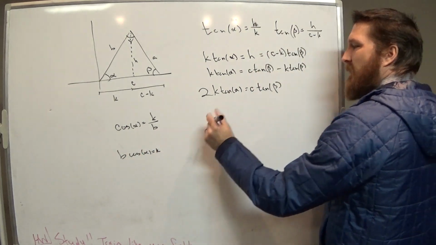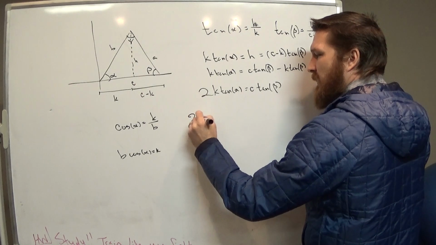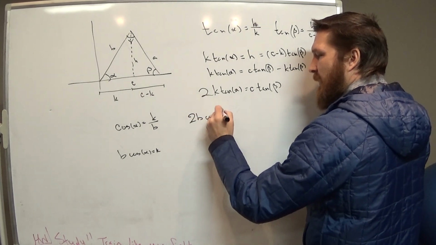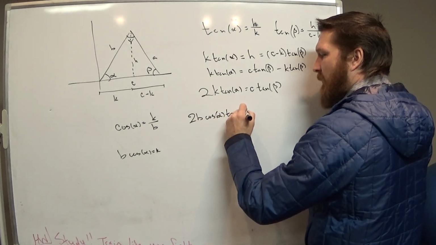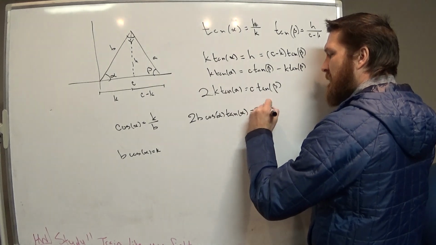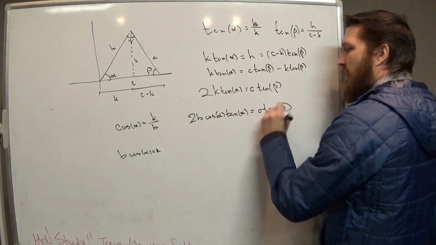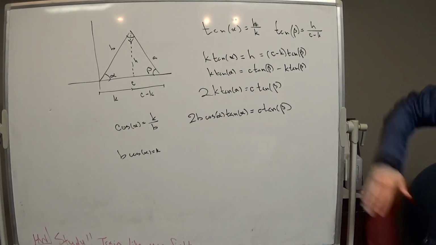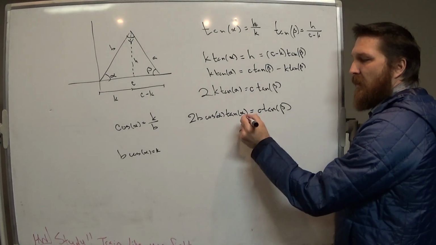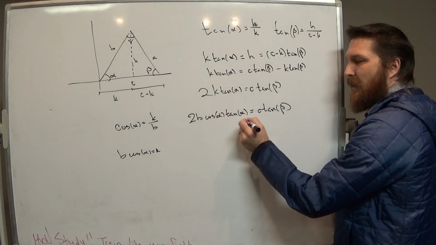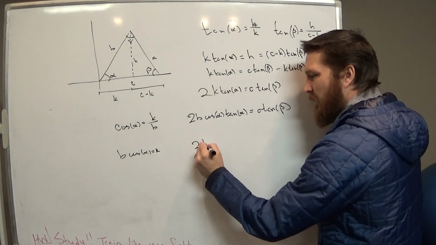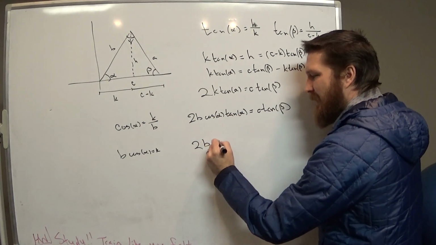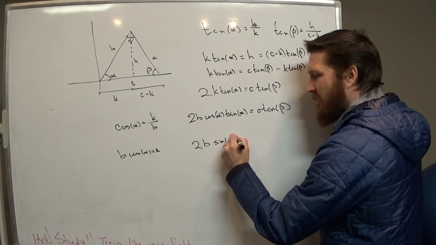So I'm going to substitute that in for k, and I get 2b cosine alpha tan alpha is equal to c tan beta. But tan is sine over cosine, right? So the cosine in the top cancels with the cosine in the bottom, and we get 2b sine alpha.